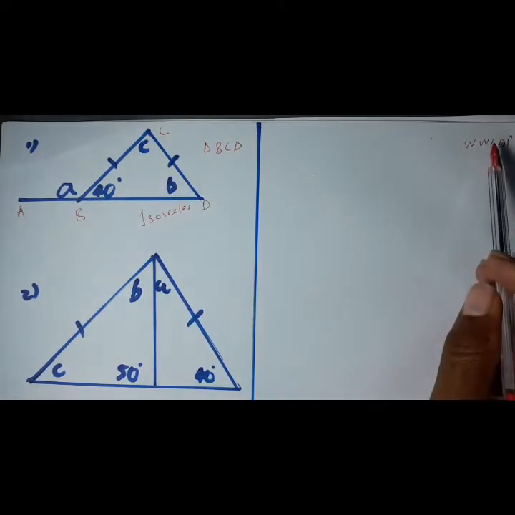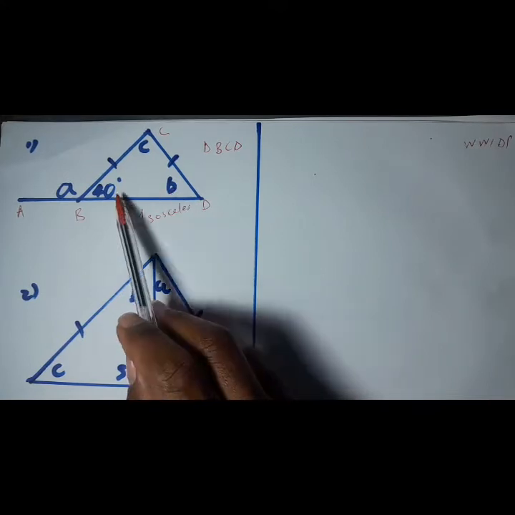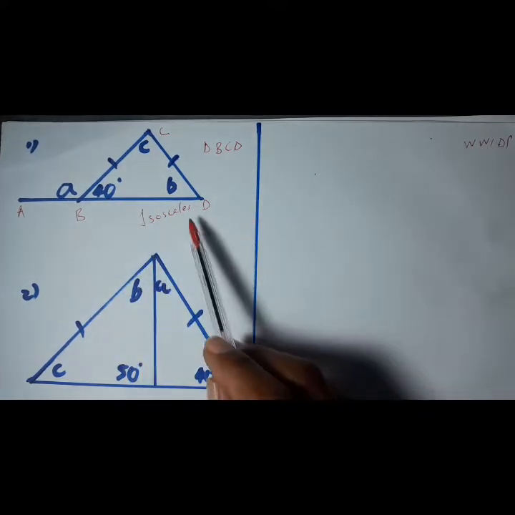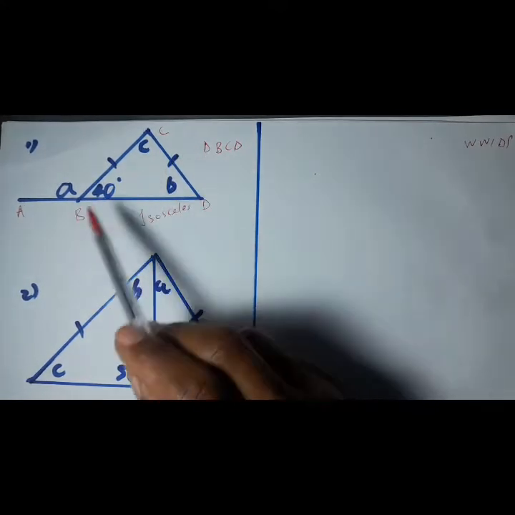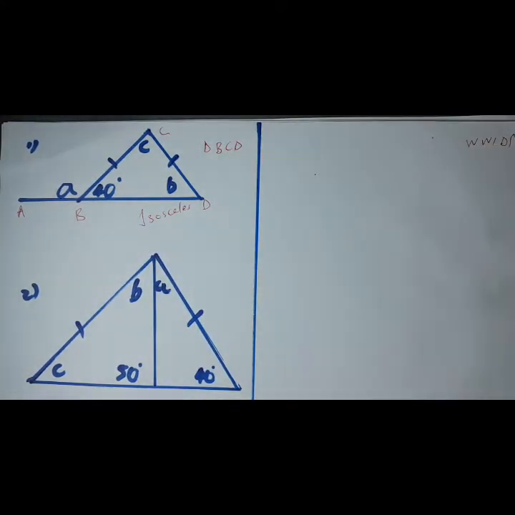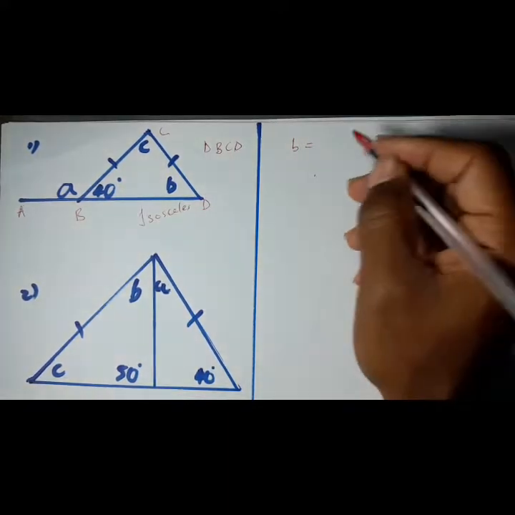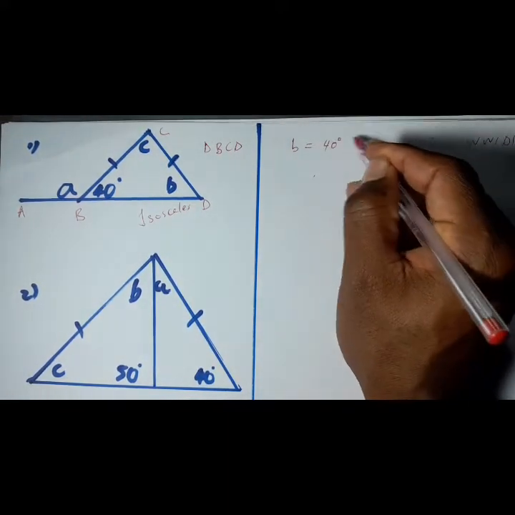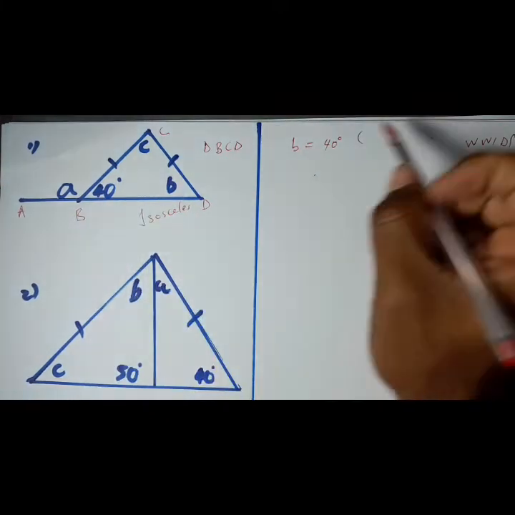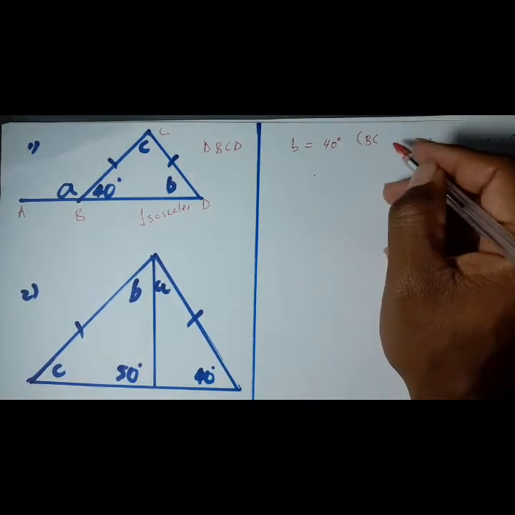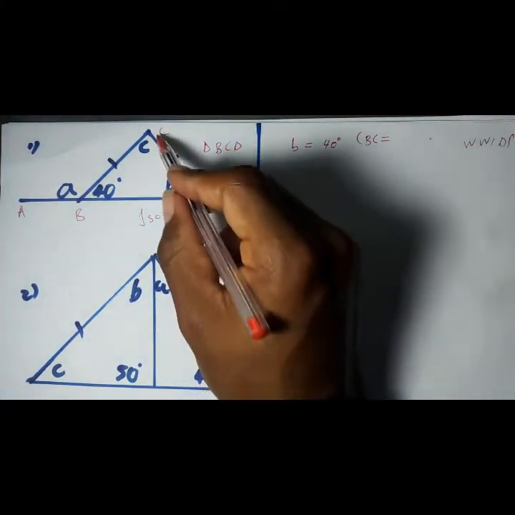So from the given information, we can tell that B equals 40. This is an isosceles, and then the rest we'll have to figure out. So let's start exactly where B is. We'll say angle B is equal to 40 degrees, and the reason is BC is given to be equal to DC.